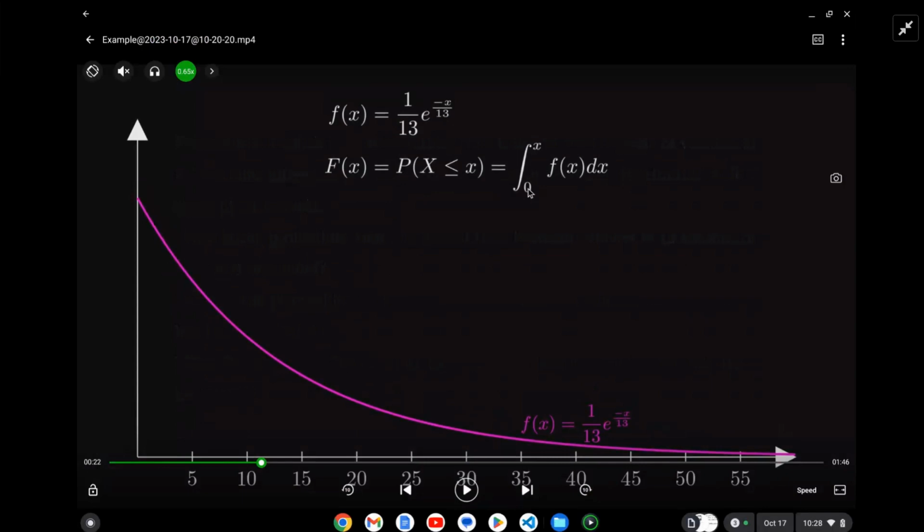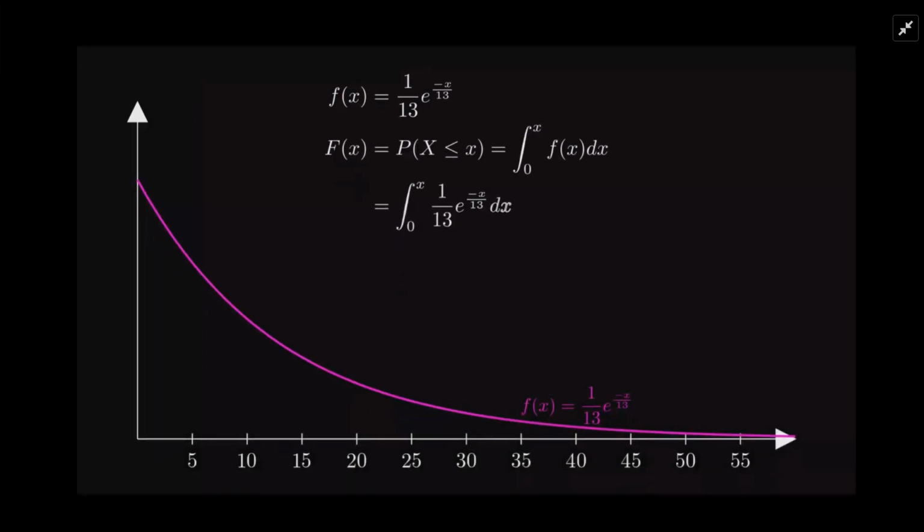All right. And the way we get it is by integrating the PDF. Another way to think about it is the probability is the area under the curve. All right. So this is the CDF, and this is what we're going to use to calculate the probabilities. Okay, so we go through the integration, and you should do this on paper.